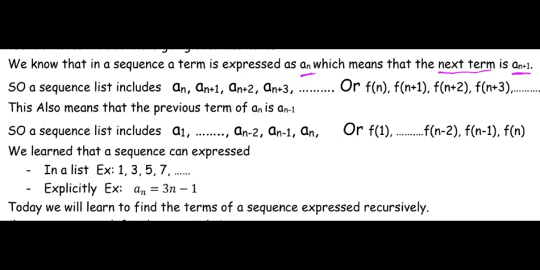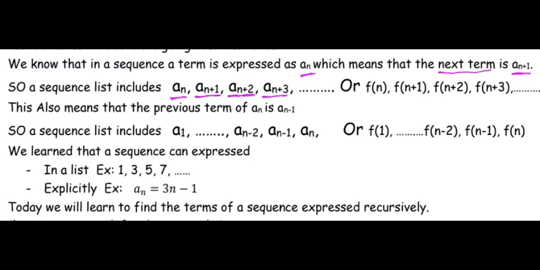Since we are talking about terms a sub n, that means that the term that follows a sub n is going to be a sub n plus 1. So if a sequence starts with a sub n, the next term is a sub n plus 1. The one that follows that is going to be a sub n plus 2. And the one that follows that is going to be a sub n plus 3.